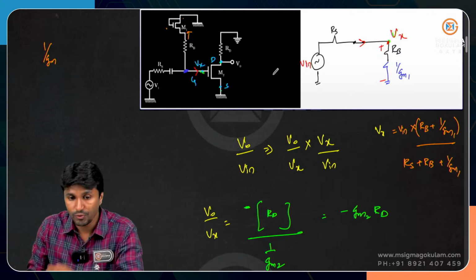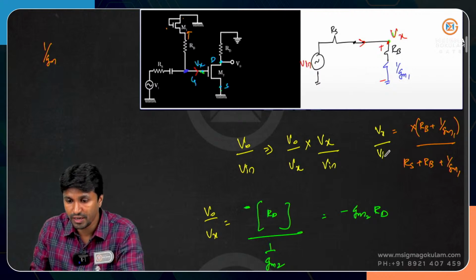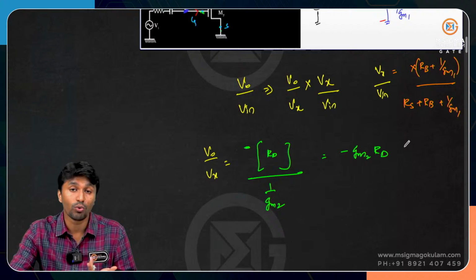So you can send Vin to the other side. Therefore in two steps we have directly calculated the overall voltage gain.